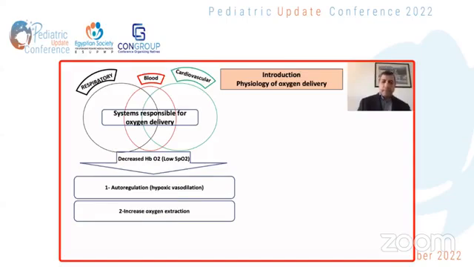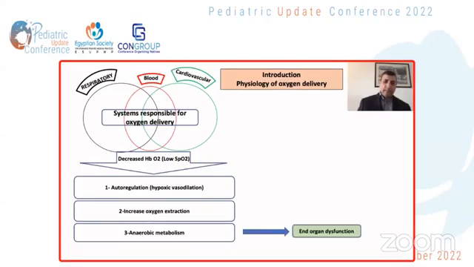But if the extraction is at the maximum level, and there is no more capacity to extract because of severe low oxygen delivery, then the aerobic metabolism will be converted to anaerobic metabolism with production of lactic acid, but that might also be associated with end organ dysfunction, because anaerobic metabolism is not the physiologic pathway to continue normal organ performance.